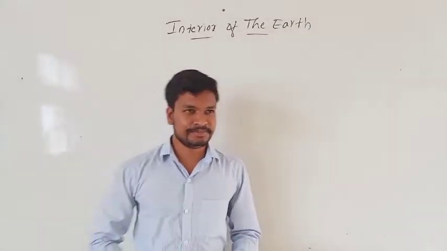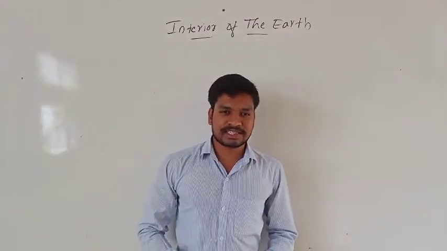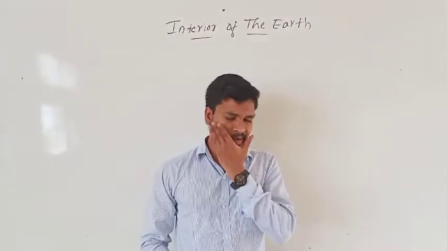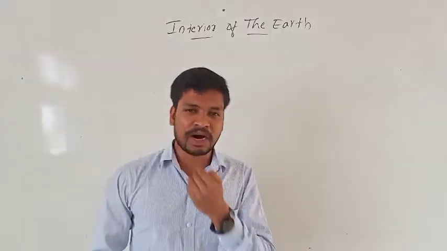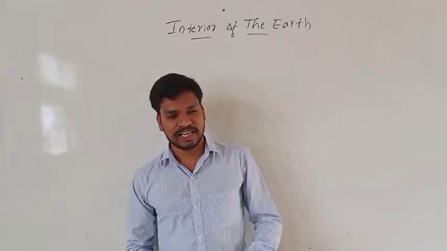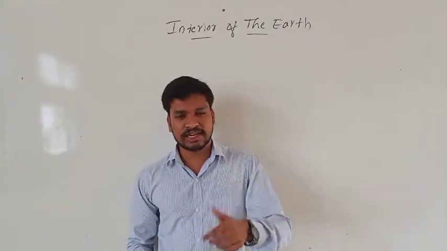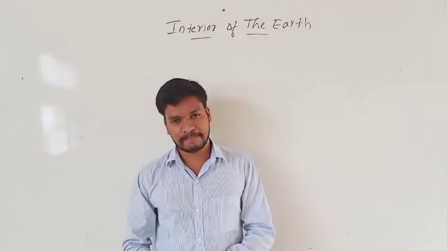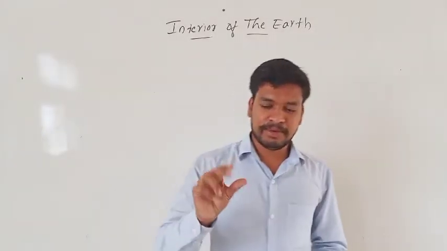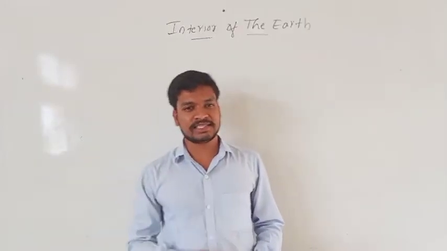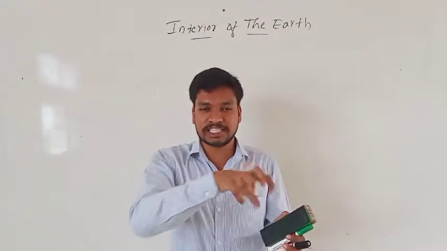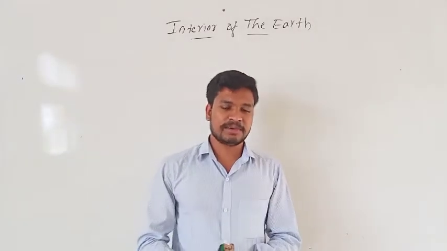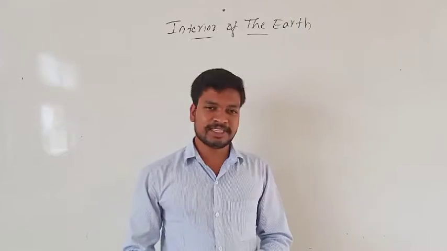We discussed how our earth got formed, isn't it? It was a part of the sun, a particle of the sun. Not only the earth, everything we have in our solar system, planets and meteoroids, asteroids and satellites, everything came out of the sun, isn't it? Everything is made up of gases and some materials. So we discussed that.